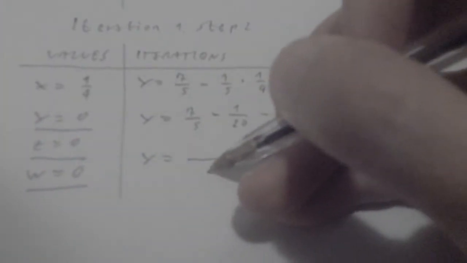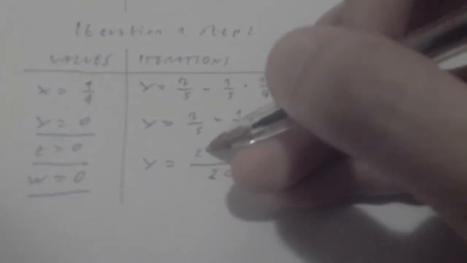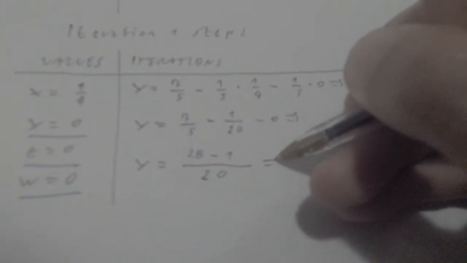Therefore y is equal to 7 over 5 minus 1 over 20 minus 0, which is 28 minus 1 over 20. So y is equal to 27 over 20. This is our best estimation for y so far.